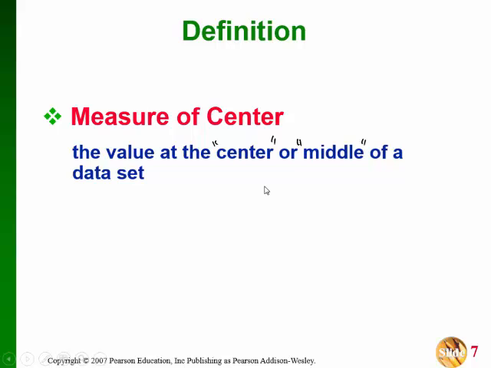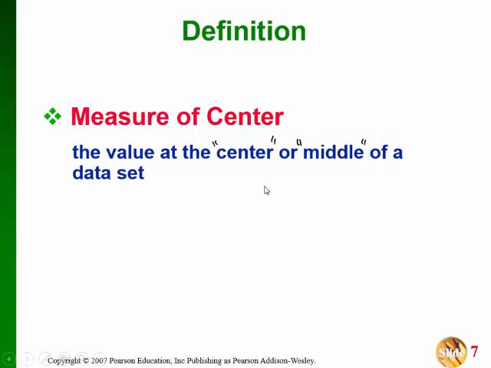So I'll draw a rough sketch. It's not going to be exact, but our histogram kind of looks something like this. So our task is, if we want to look at the measure in the center, where is the middle of the data set?